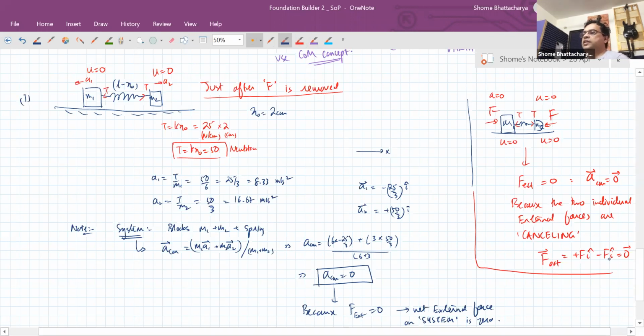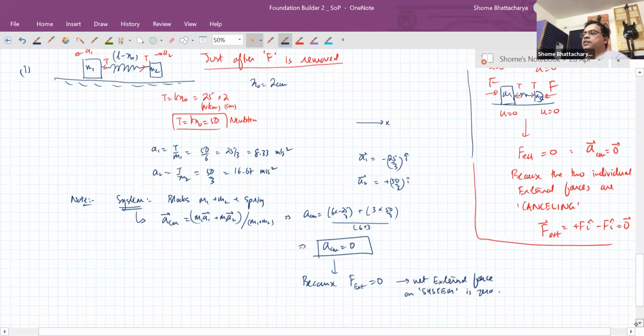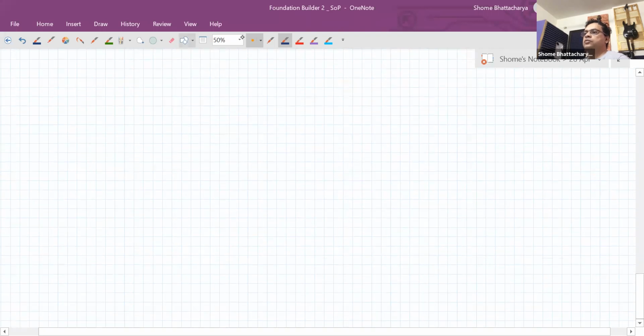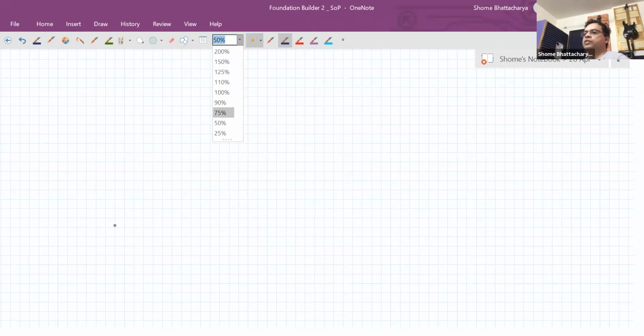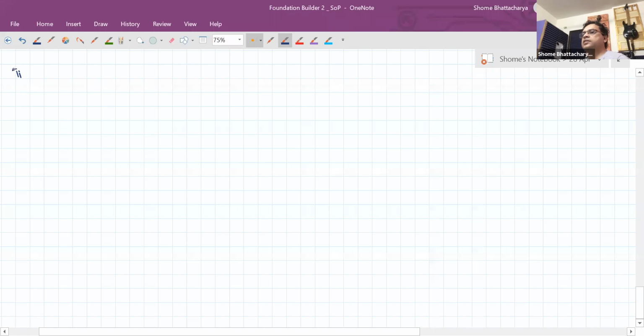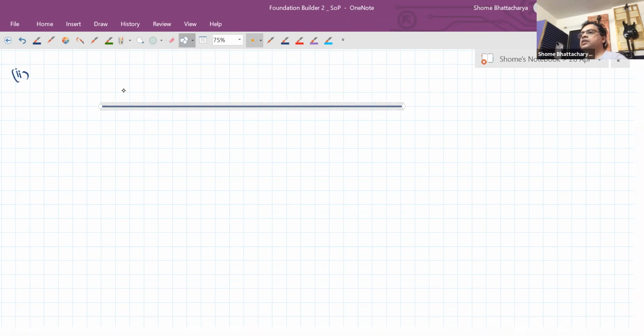Now let's move on to the second part. For the second part, we'll have to compare the system from this initial moment, when it just started moving with acceleration, to a later moment when the spring has come back to natural length position. So let's say our initial state, I'm showing over here.